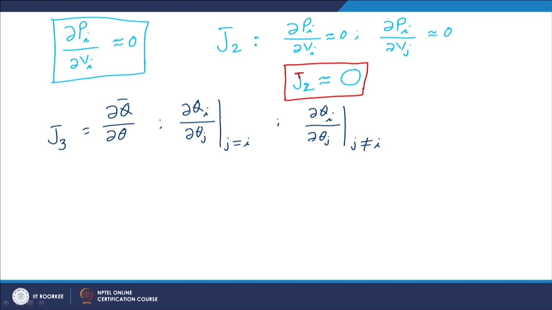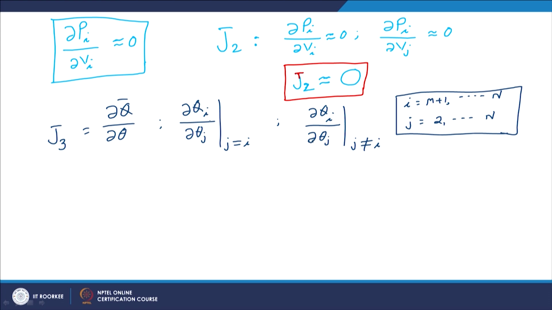We all know how q_i varies and how j varies. For example, i would be varying from m plus 1 to n, and j would be varying from 2 to n, and so on. All these are known. So, then we have these two terms.